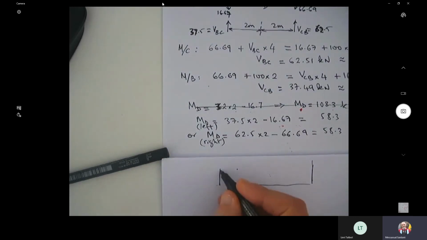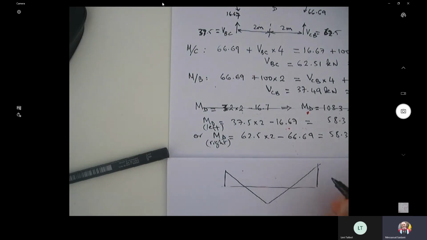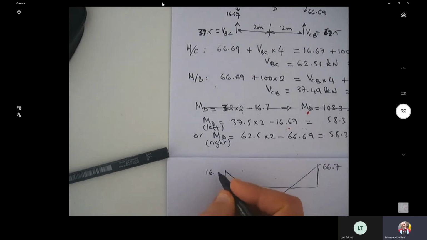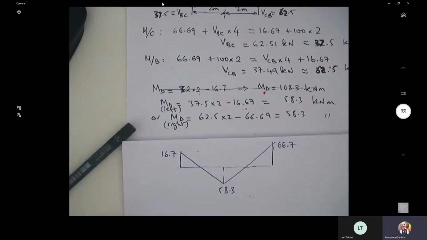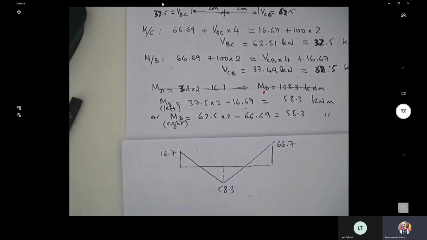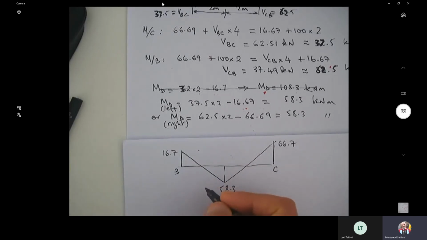It's not to scale, okay? We have 66.7, 16.7, and 58.3. So I'm going to call this B, this C, and let's recall this point D, as we did before.